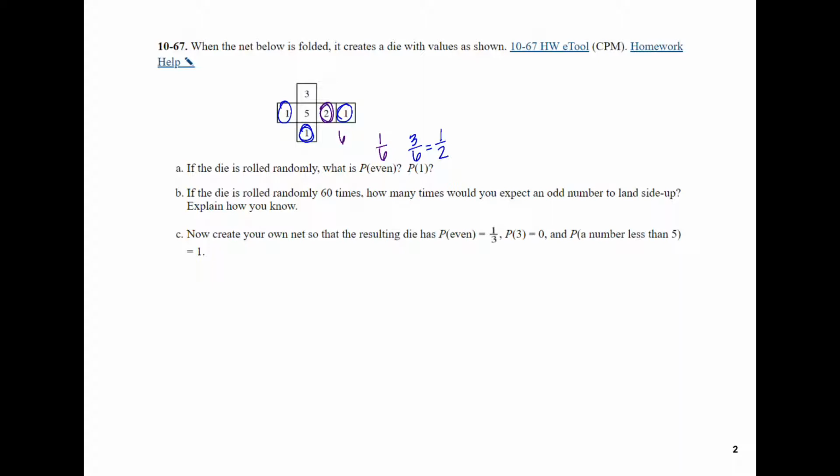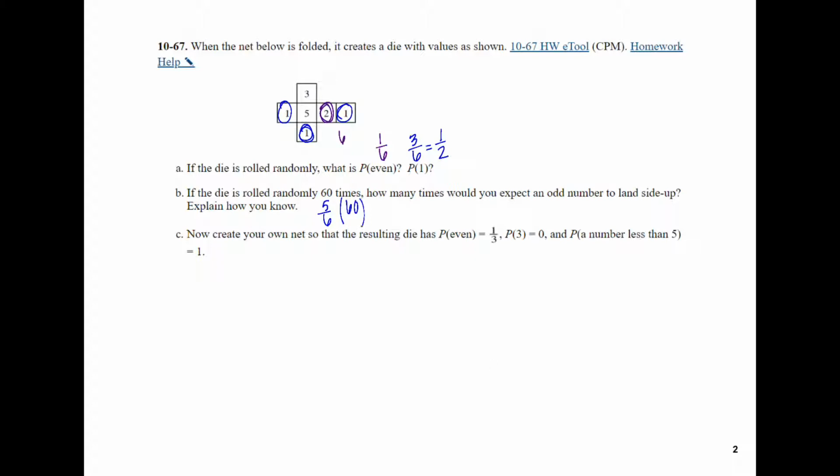If the die is rolled randomly 60 times, how many times would you expect an odd number to land side up? Explain how you know. Well, if we want to roll our die 60 times, the probability of scoring an even number was 1/6 as above, so the probability of rolling an odd number would be the other 5 out of 6 chances.